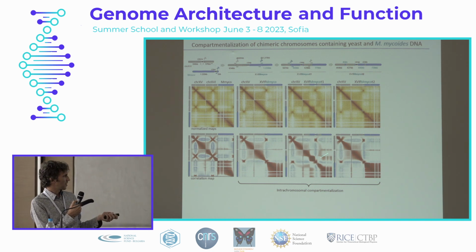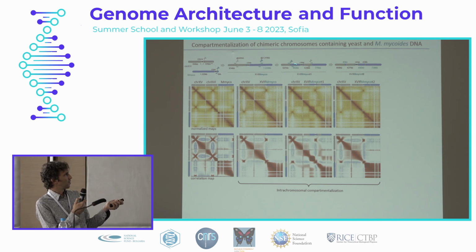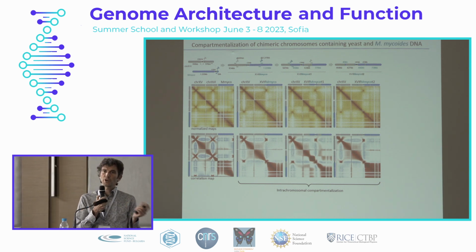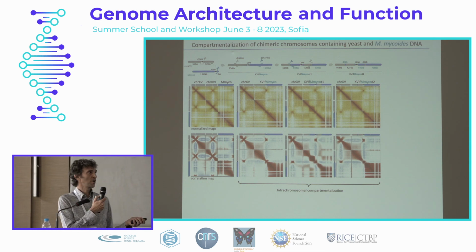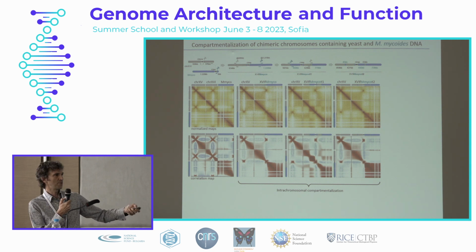And you can see here the Hi-C map, and this is a correlation map. So the DNA is still compartmentalized aside. Then we can introduce reciprocal translocations between the arms. So now we have chimeric arms with native yeast chromatin, mycoides chromatin, native yeast chromatin, etc. And we can also do reverse translocation.